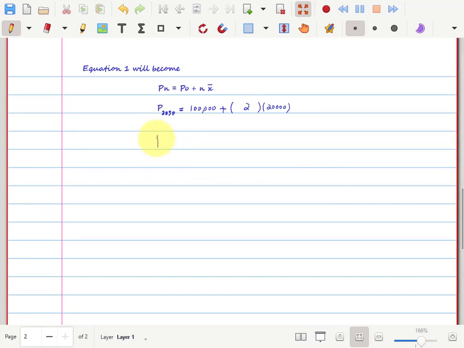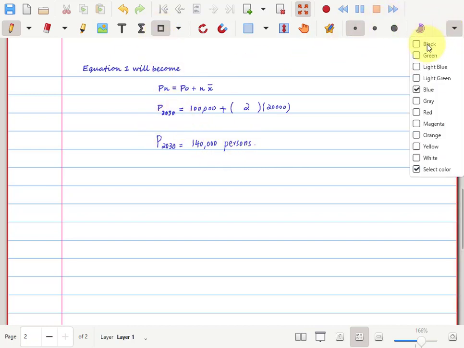So the population in 2030 for the town on the basis of the above given data, when you calculate it, you will get 140,000 and the unit of population will be persons, right? Your individuals.